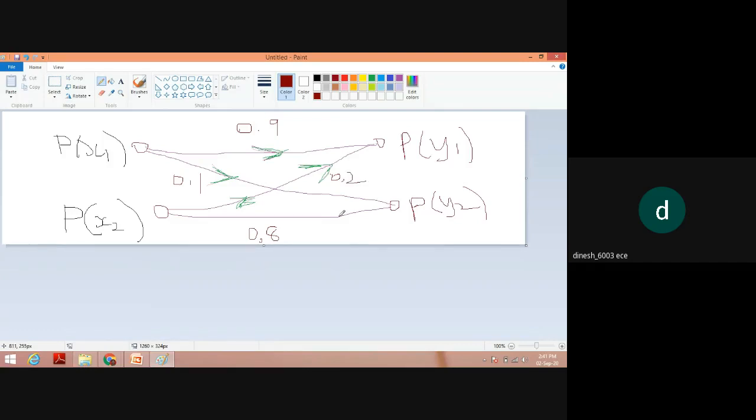So this is how to draw the channel diagram. Not binary symmetric, sorry. This is how to draw the channel diagram. Let me save this.